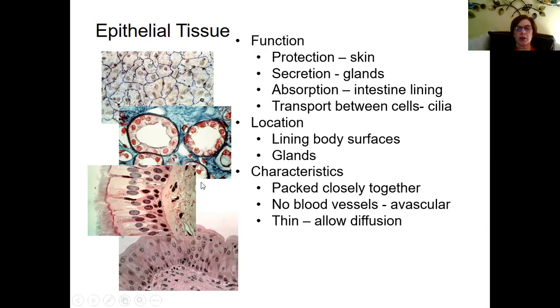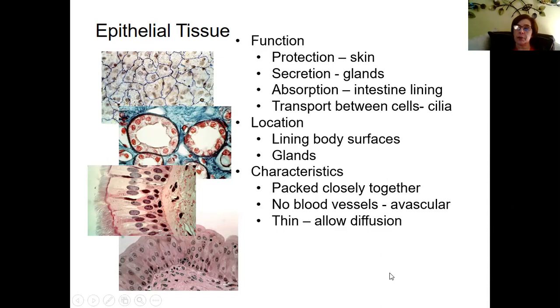This is why. So it says behind thin, it allows diffusion. This is an epithelial tissue. This underneath it is a connective tissue. This is an epithelial tissue. This is a connective tissue. Epithelial, and underneath it is connective.